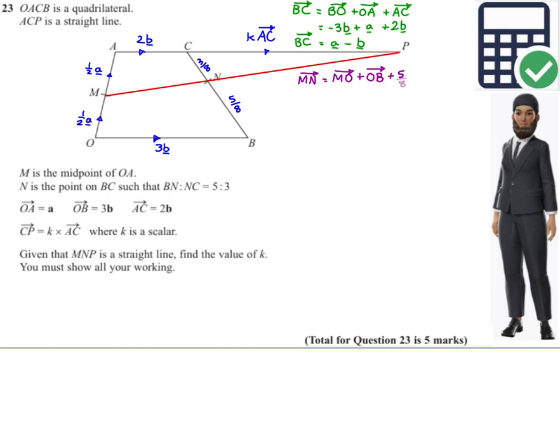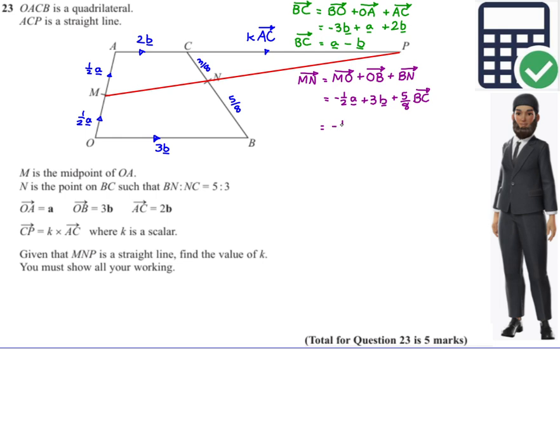Actually, you know what, let's write it out. It's going to be plus BN. So MO, we're going against the arrow, so it's going to be minus half A. OB is going to be plus 3B. And then BN is going to be 5/8 of BC. So let's fill that in.